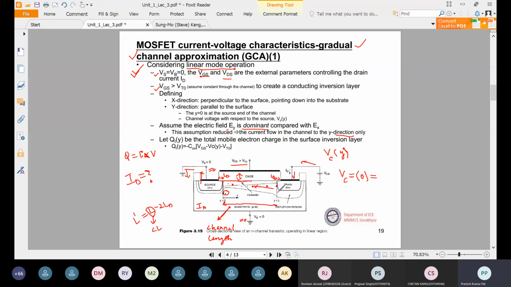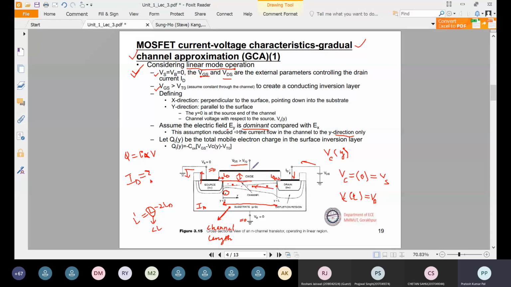Similarly, the voltage at this point will be Vc at y equals L, capital L, equal to Vd. In between, there will be some variation with respect to the length y.